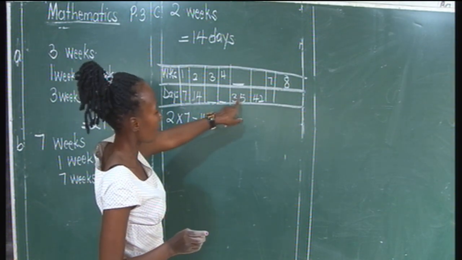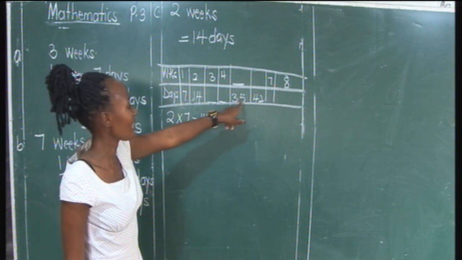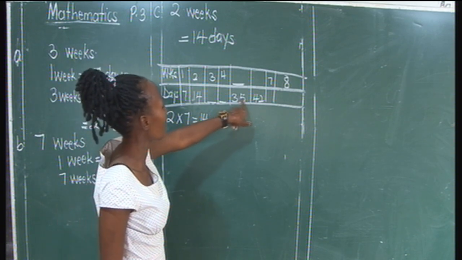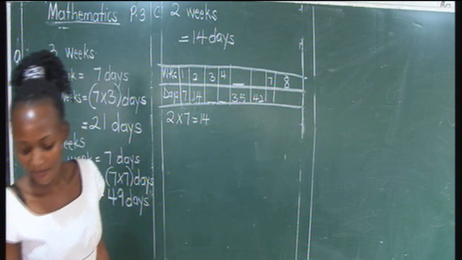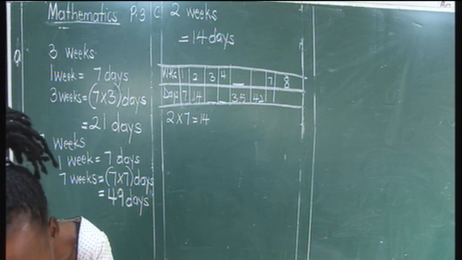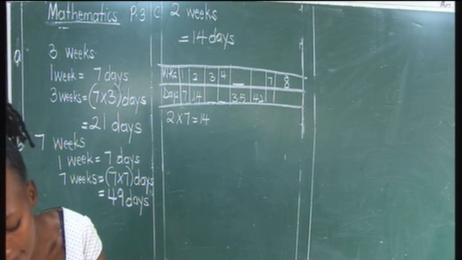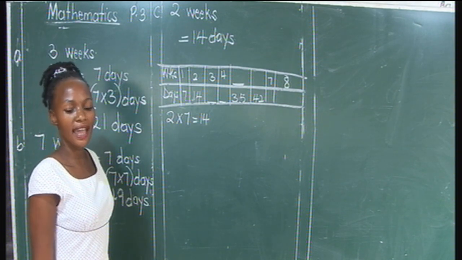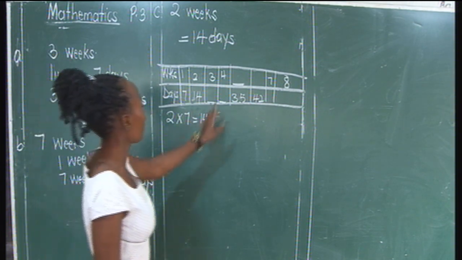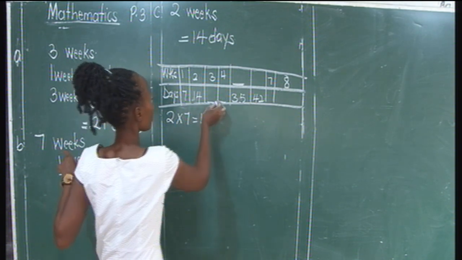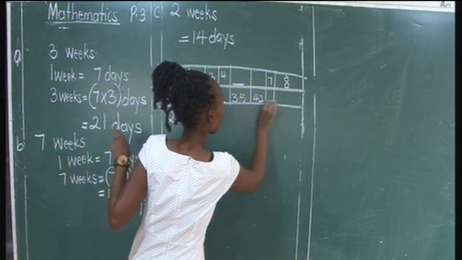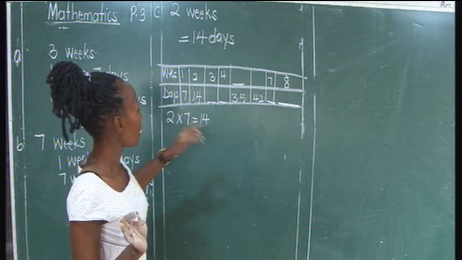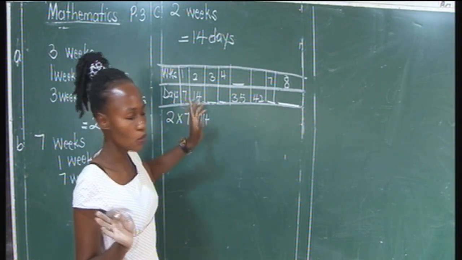Now, what about here? If you have 35 days, how many weeks are in 35 days? Who can tell me? To get the answer here, here, here, and then here, you just multiply the number times 7 and put the answer.